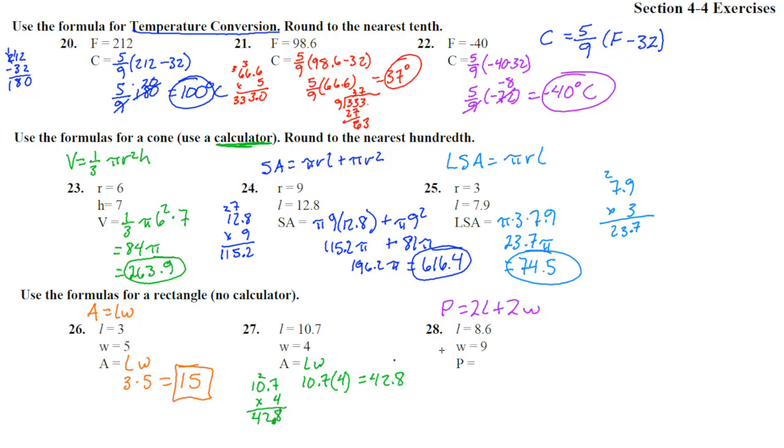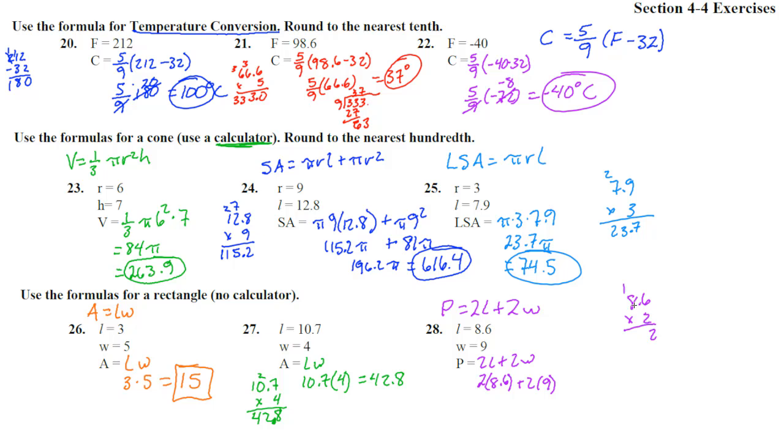Good. Yeah, number 28. We have 2L plus 2W as the formula for P right there. So we can stick them in, it's 2 times 8.6 plus 2 times 9. So 8.6 times 2. 2 times 6 is 12.